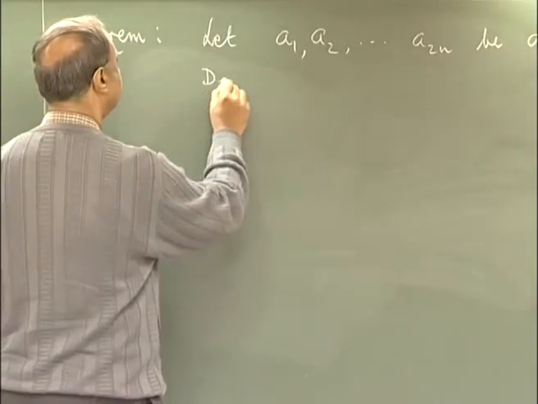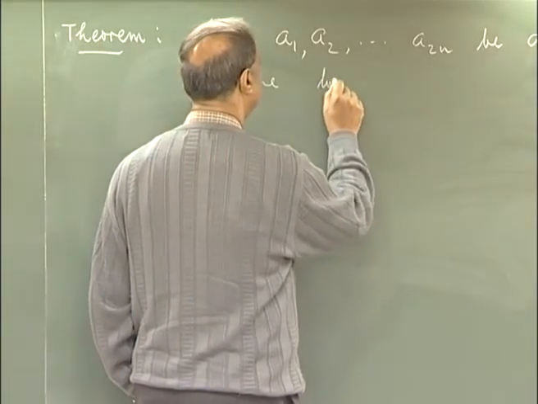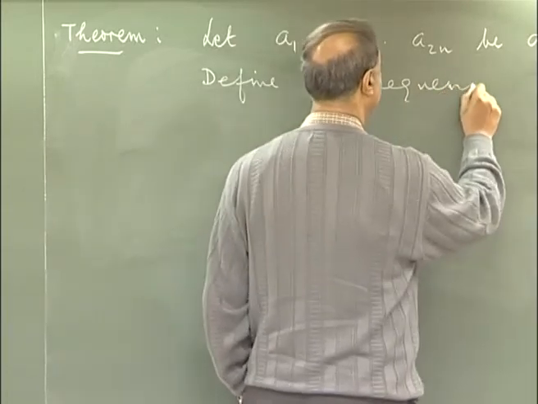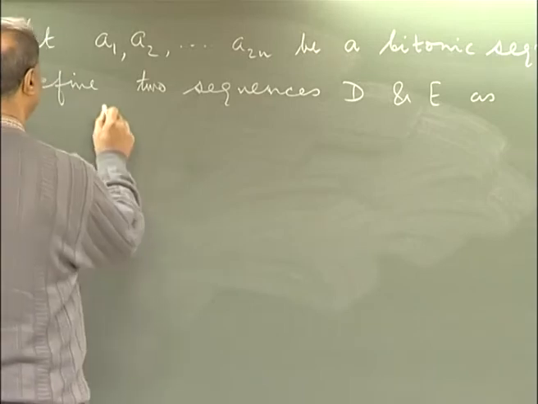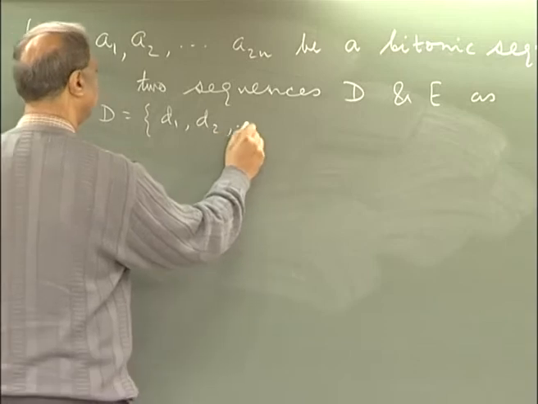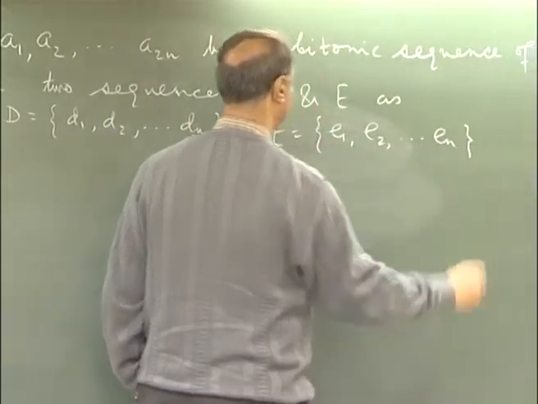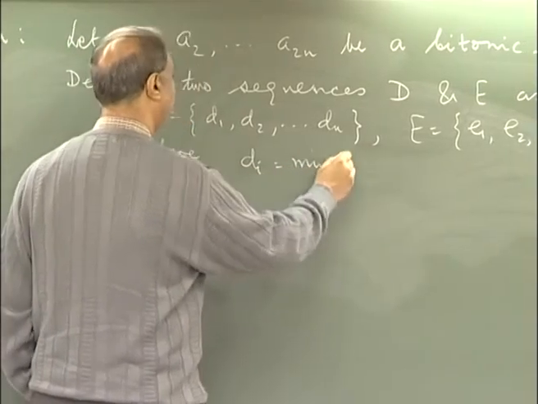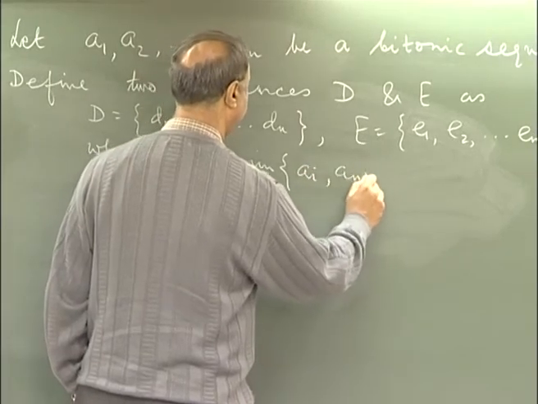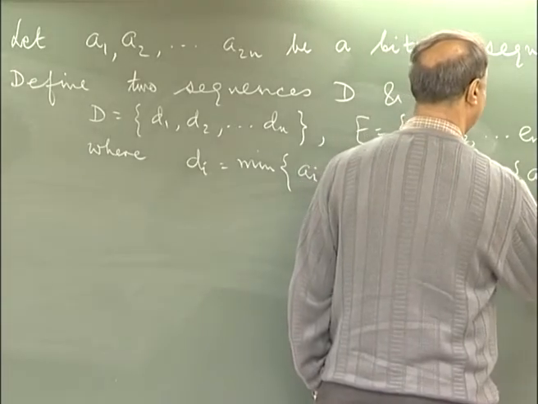Define two sequences D and E, where Di is the minimum of Ai and An plus i, and Ei is the maximum of Ai and An plus i.